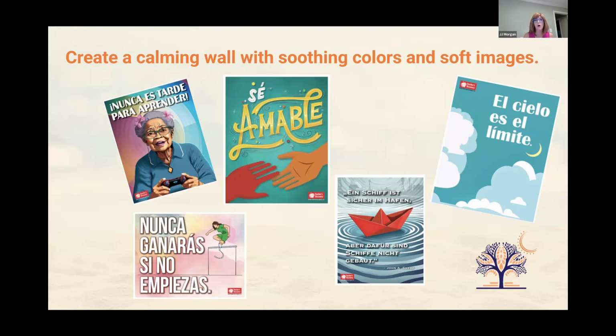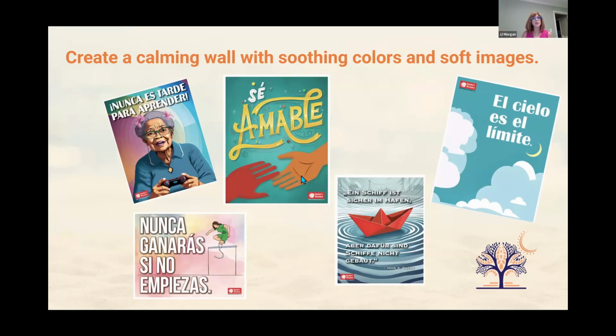So you can create a calming wall with soothing colors and soft images, and you can tell students, hey, if you're feeling anxious or you're feeling unable to focus, spend some time looking at this wall, spend some time checking out these messages and make sure they understand what everything means. You might even, for your lower levels, translate the posters and have them on white paper next to them that they can kind of repeat to themselves as a mantra.